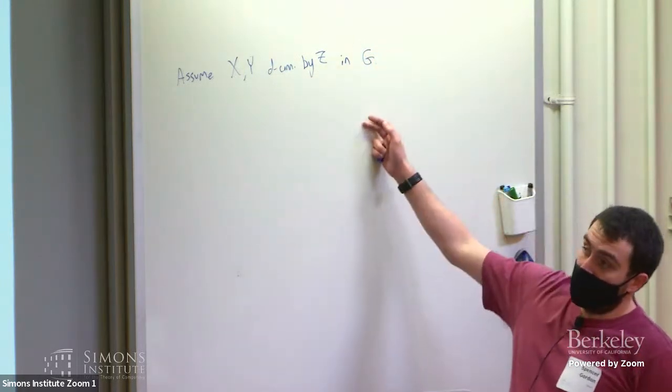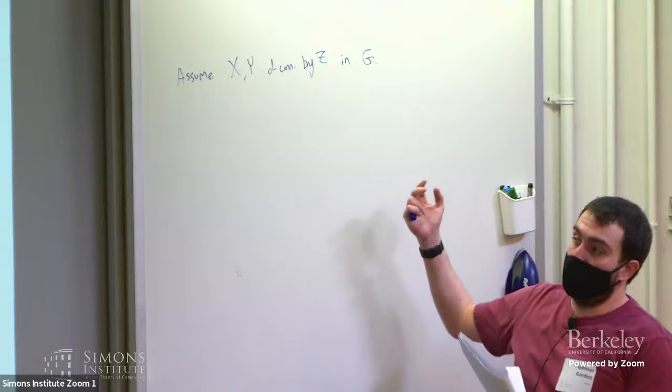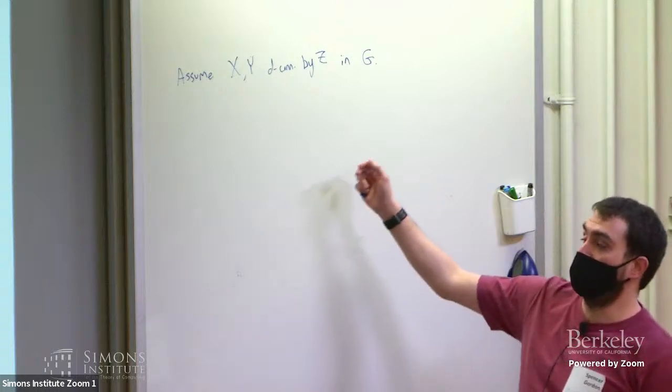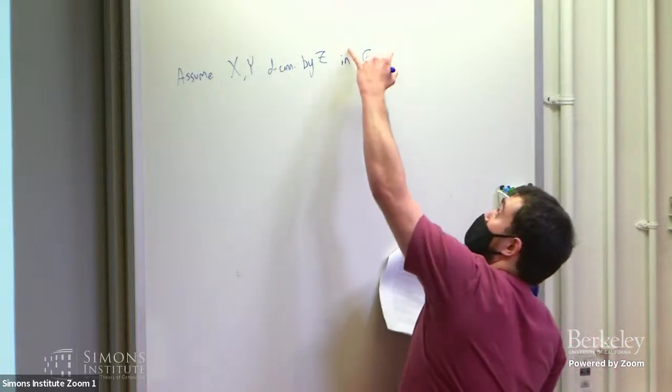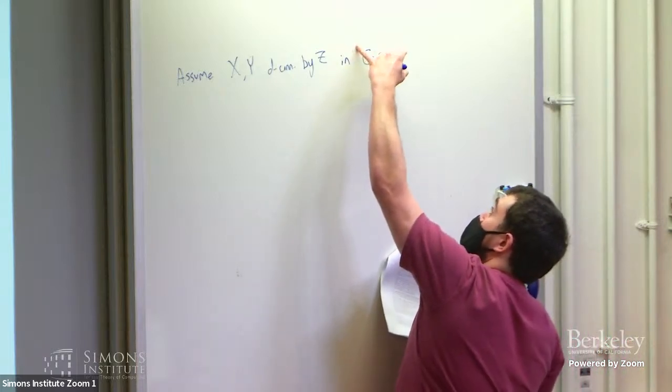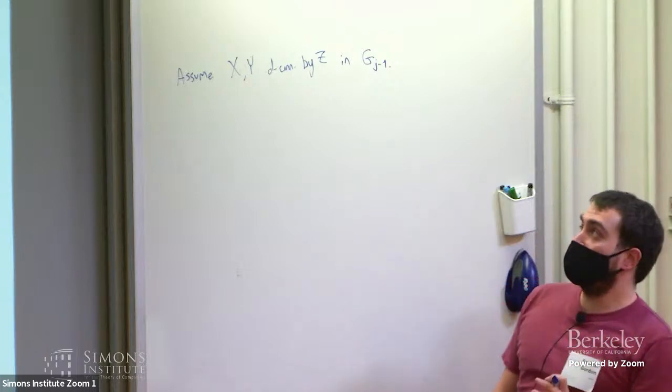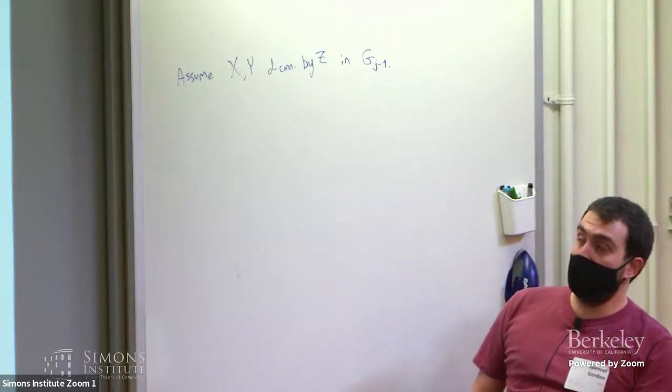So first, we're proving this inductively, so by the inductive hypothesis, they're d-separated in GJ minus 1. So we just need to show that d-separation is preserved as we go from GJ minus 1 to GJ.